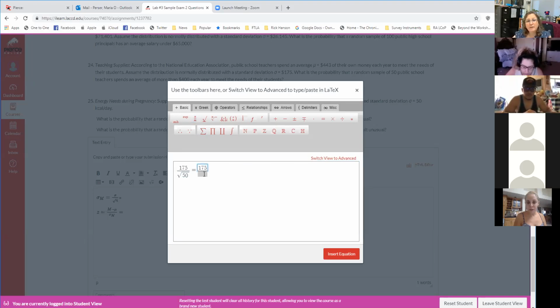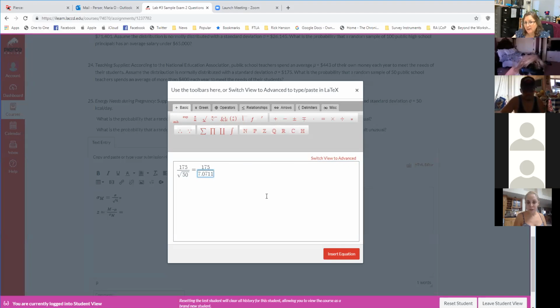175. But here, what I see a lot of students do is they round up way too soon. So they'll start rounding up here, and so they'll put like 7.07. But what you need to make sure you do is that you actually leave it out.